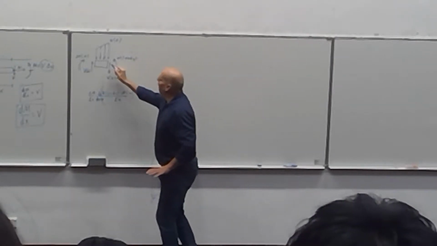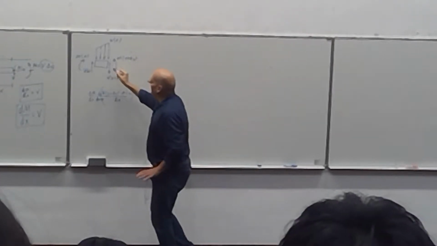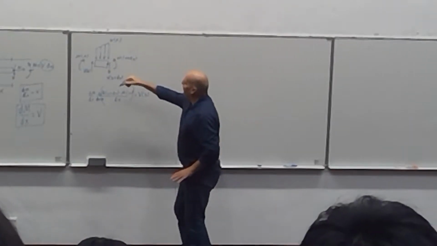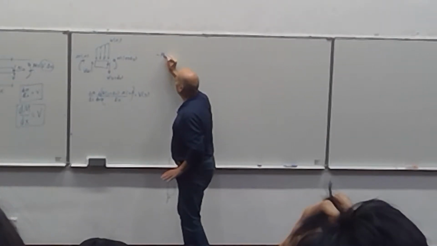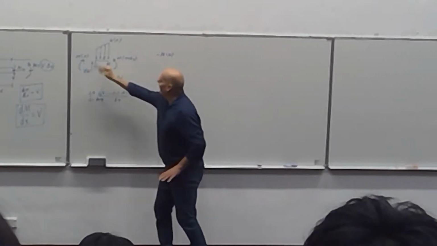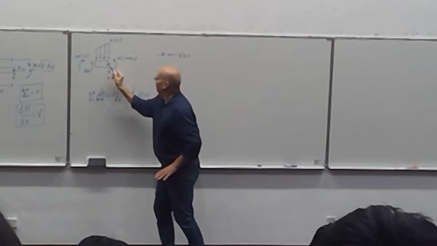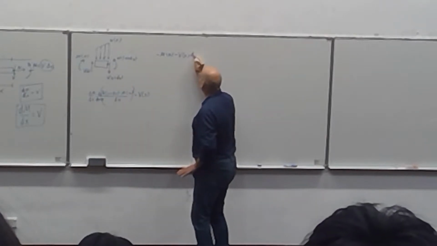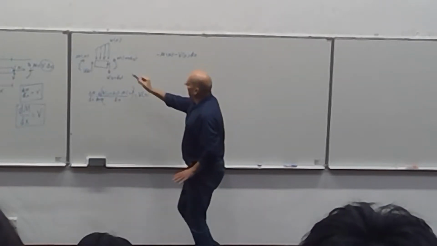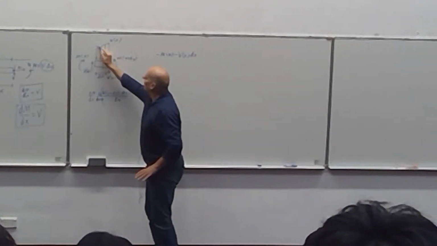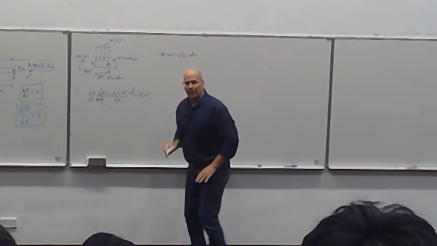Okay, let's take equilibrium of moments. Let's take, for example, all the moments around this point. So what do we have? We have minus M of x, this moment, minus V of x, this moment times the distance dx. Okay, this is a small length dx. So I can assume this is approximately constant, w of x.